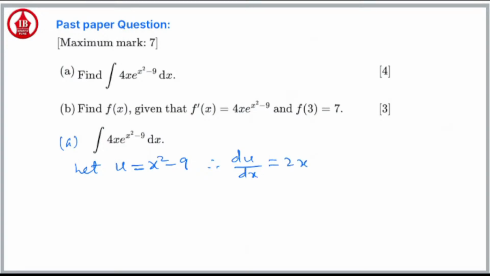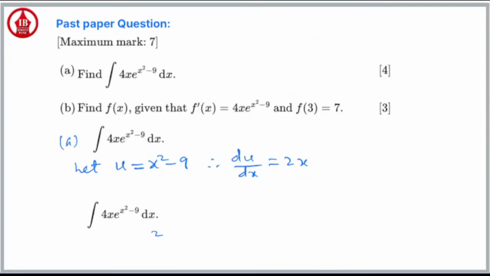Okay, now the remainder of this, I will copy down. In this one, what I will do, see, 4 we don't need, we have 2x. So we need 2 from 4, so 2 I will keep out. Inside I will write 2x e to the power x square minus 9 dx.